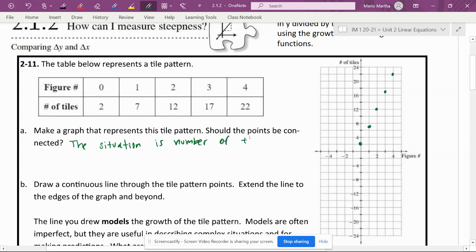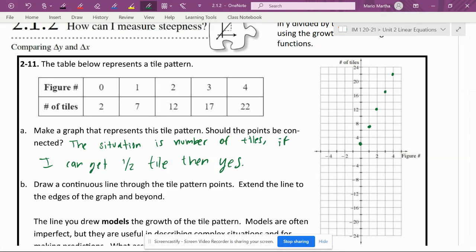And if I can get half a tile, then yes. If I can get half a tile, then yeah, it's fine. It shouldn't be a bad idea to have it.